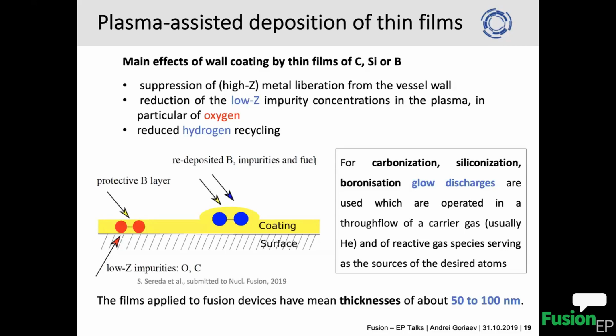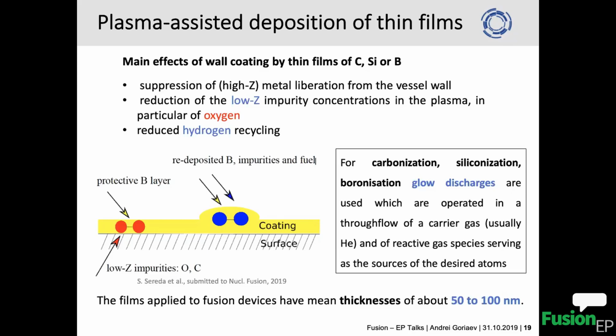Usually the thickness of the deposited layer is from 50 to 100 nanometers, which is enough to have stable operation of your plasma without any problems with radiative collapses or disruptions.